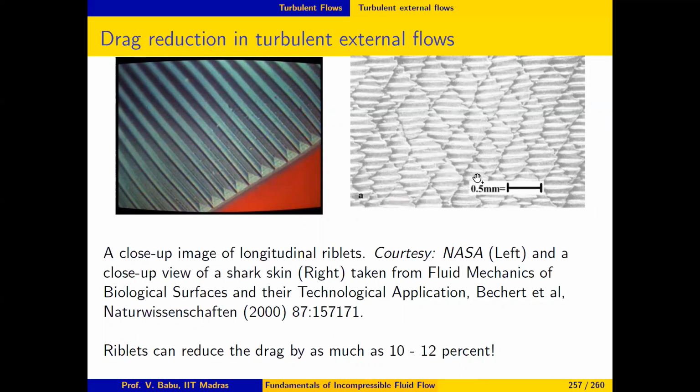A close-up view of sharks shows that they have these types of triangular serrations on their body, and experiments conducted by NASA show that these riblets can actually reduce turbulent skin friction by as much as 10 to 12%. Notice that this is a technique that is intended to reduce turbulent skin friction and not pressure drag.